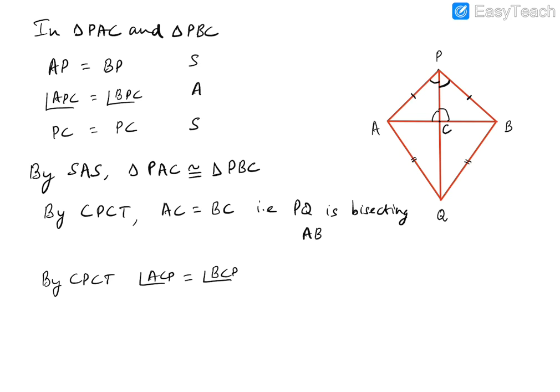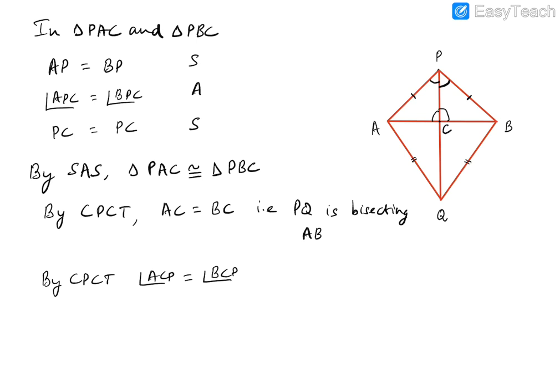Perpendicular bisector means if it's perpendicular, it means it has to be 90 degrees. So far we know that they are equal. The next thing is, because these two equal angles are adjacent angles next to each other, if you remember from the lines and angles class, this is like a ray standing on a line. So these two angles, ACP and BCP, are a linear pair of angles.